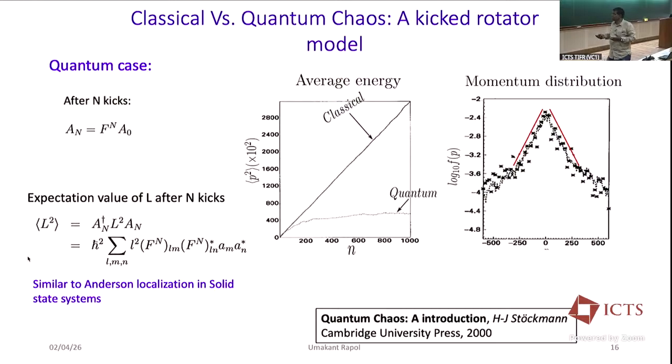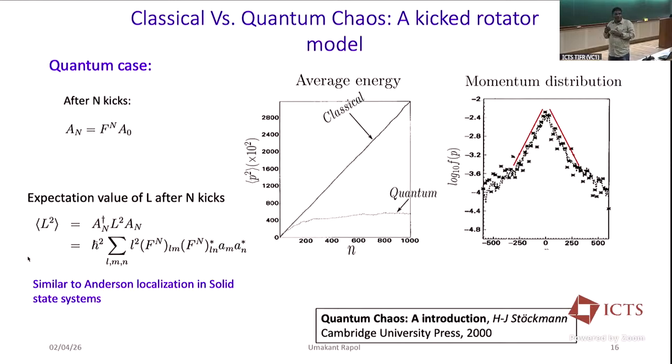What happens is that for a classical case, your energy grows linearly. But for a quantum mechanical system, it does grow linearly initially with the number of kicks that you give to this system. But after a certain time called the quantum break time, your energy starts saturating.